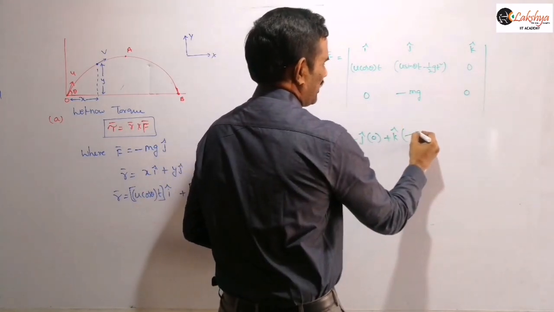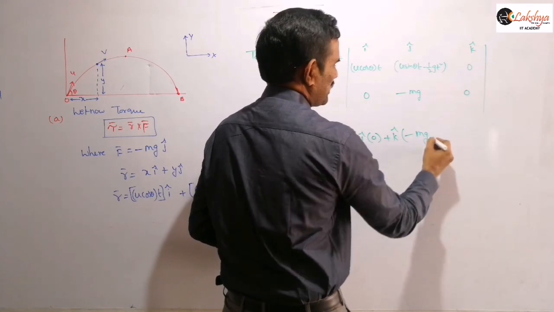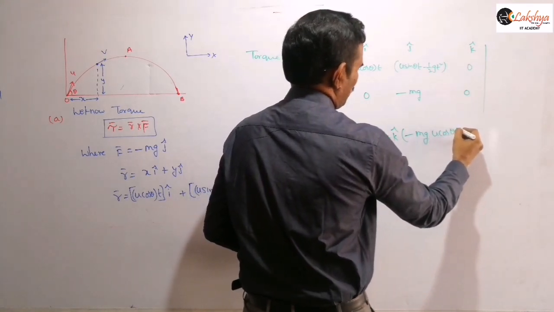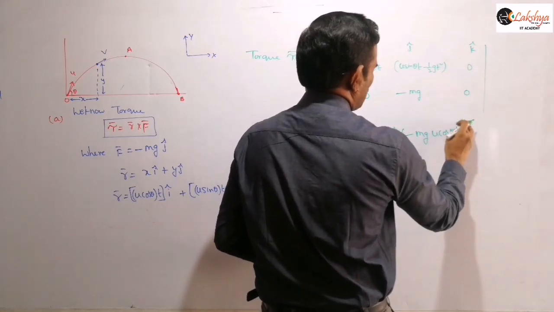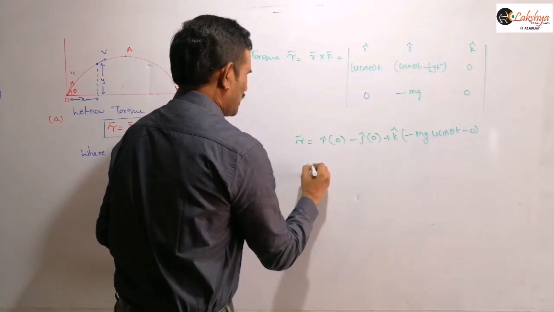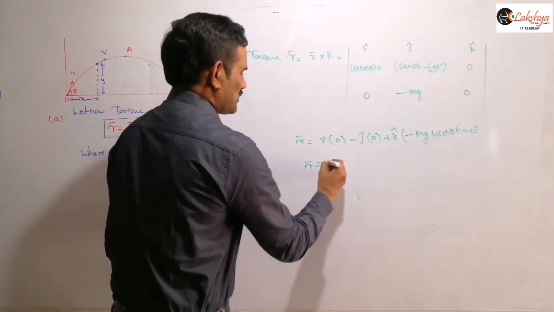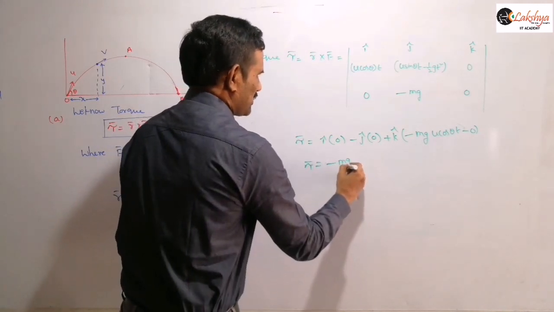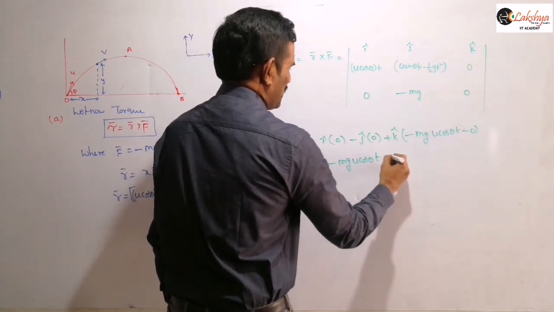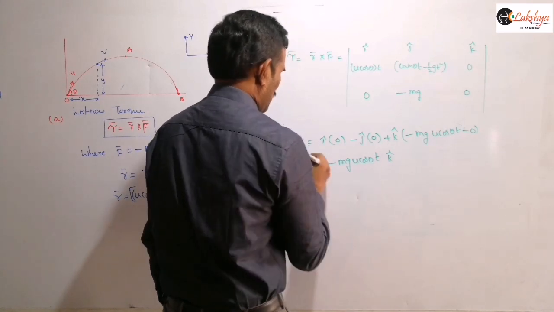So what we can write is minus mg into u cos theta into t, and minus 0 actually, and therefore the torque at any instant we can write as minus mg u cos theta t k cap, right.